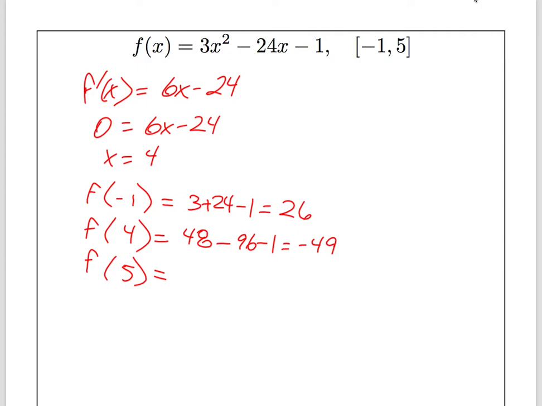And then 5, so 25 times 3 is 75, minus 120, minus 1. So that's negative 46. So, what is my absolute minimum? Negative 49.